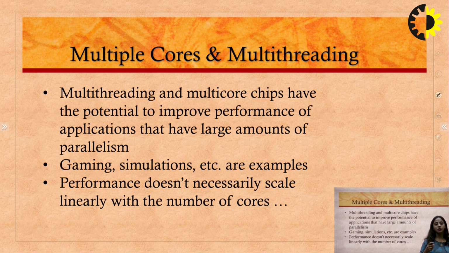What happens in parallelism is that multiple processes or multiple threads get executed concurrently at the same time. Gaming and simulations are examples. In simulations, performance doesn't necessarily scale linearly with the number of cores.